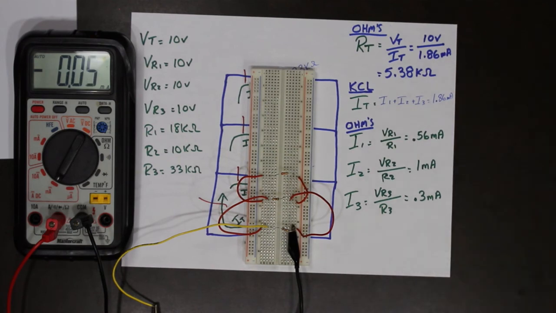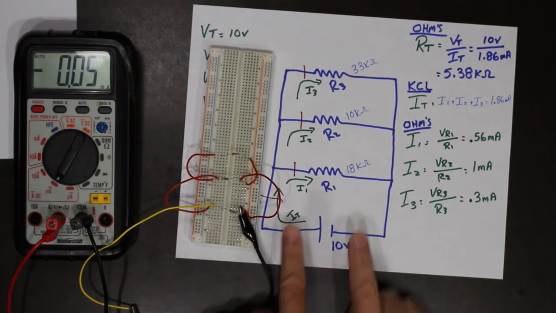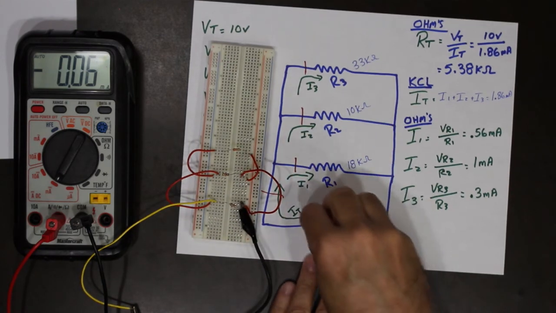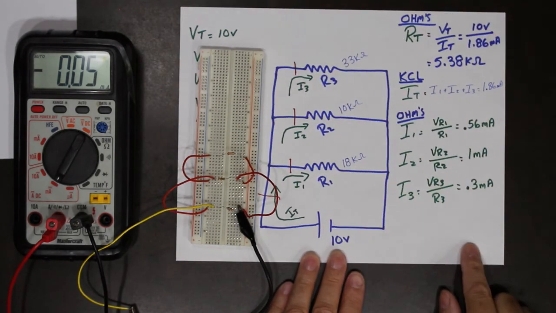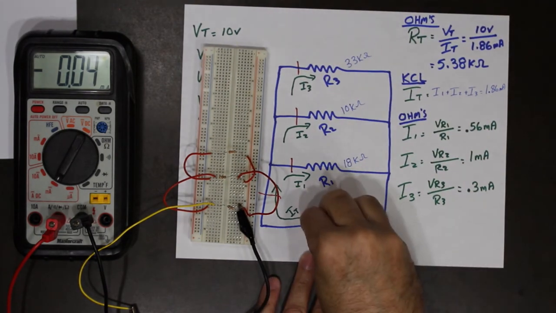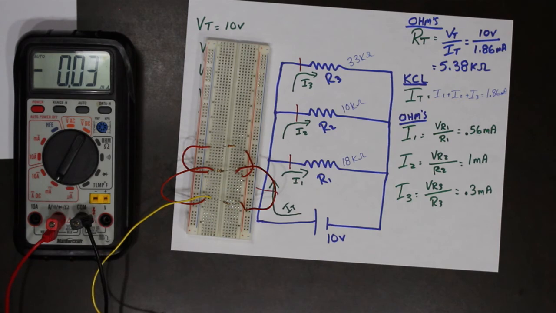So what I'm going to do now is measure our total. Our total would be from the supply looking that way. So I take out the supply and measure the total resistance of that circuit. You cannot measure resistance with the supply connected, so I must remove the supply.